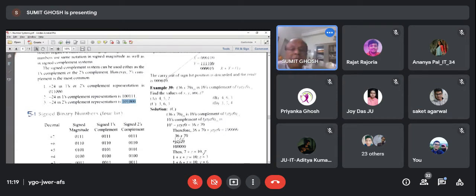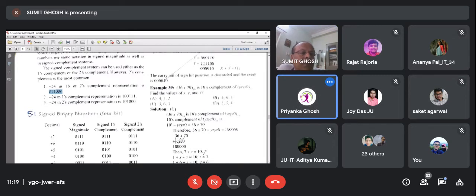Till now, everything is clear. Plus 24 in both systems is the same. Minus 24 in sign magnitude system is what? I told you, just a recapitulation. 11000 is the number 24.